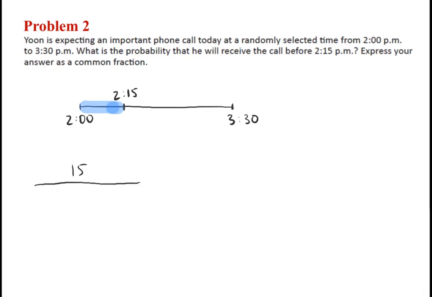And just as a quick recap, to find probability as a fraction, your numerator is just going to be the number of events you want over the total events.